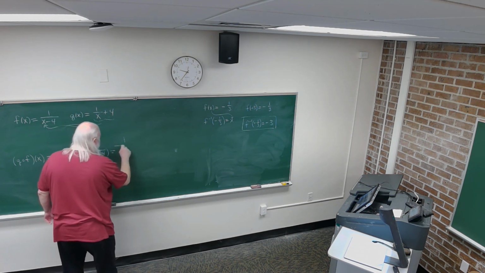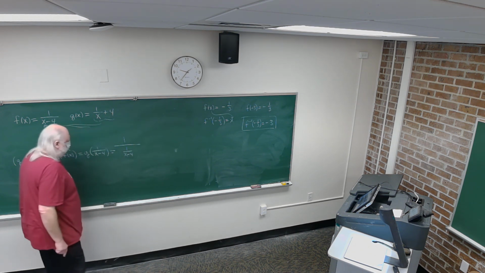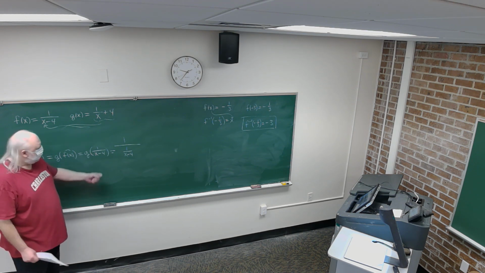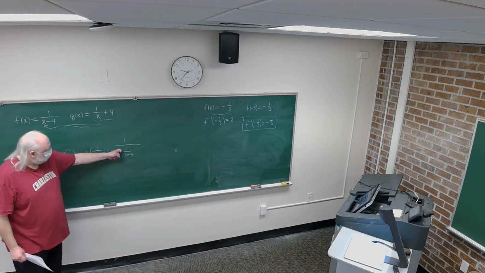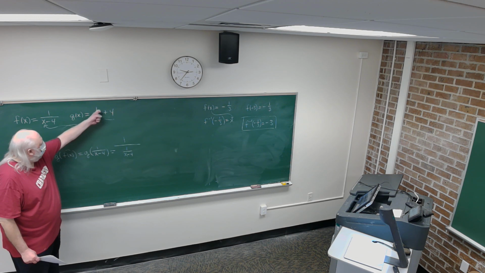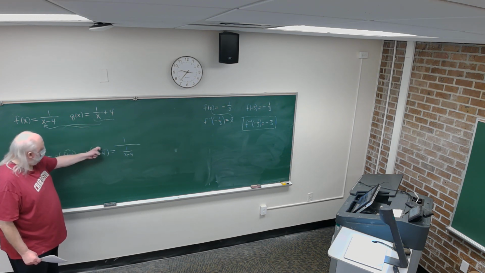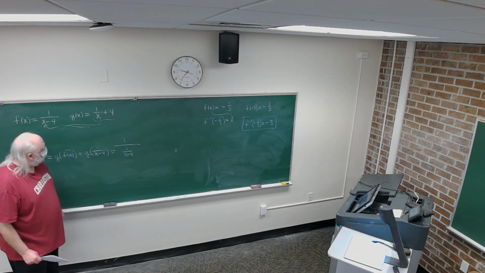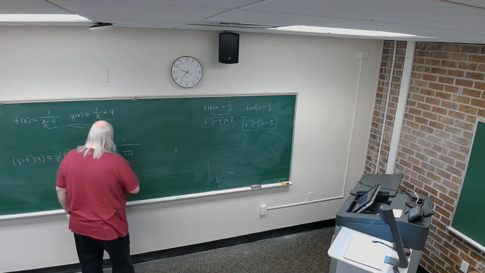one over x minus 4, right? So we have a complex fraction. This is the main numerator. This is the main denominator, right? 1 over x minus 4 plus 4.